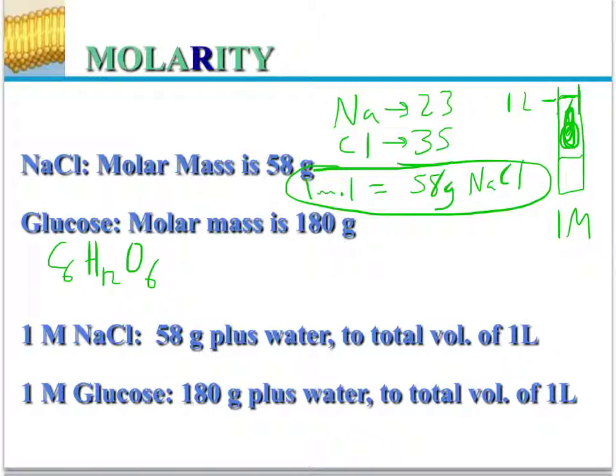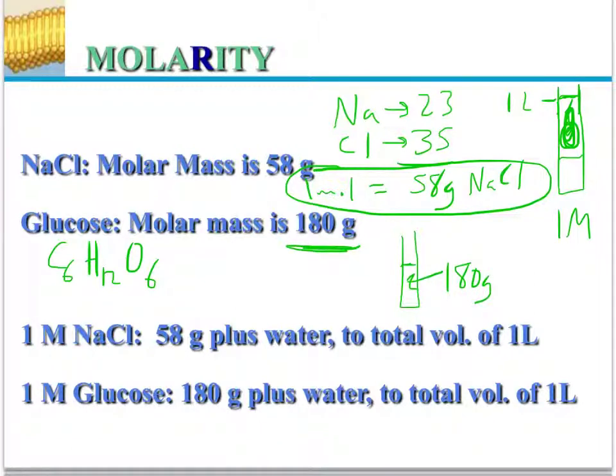Oxygen is roughly 16 grams per mole, and you'd multiply that by 6. If you add them all together, you'd find the molar mass of glucose is 180 grams. So to make a 1 molar solution of glucose, you'd add 180 grams of glucose to a container, right?